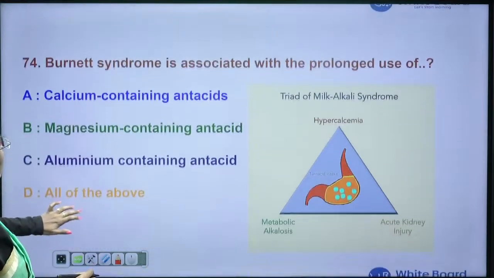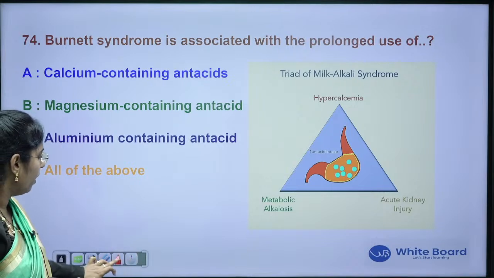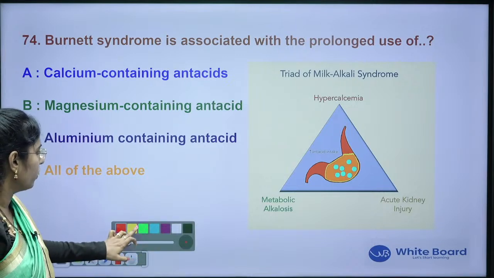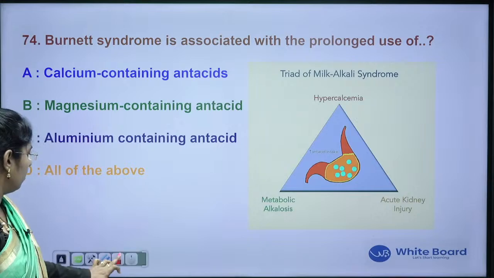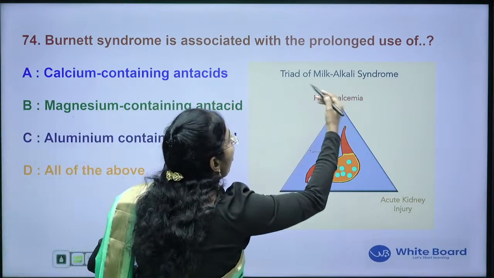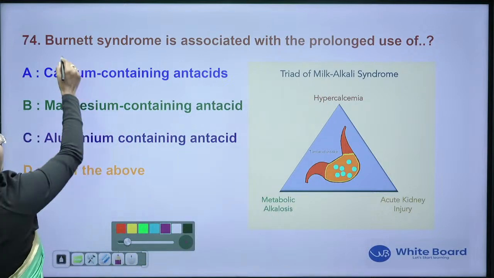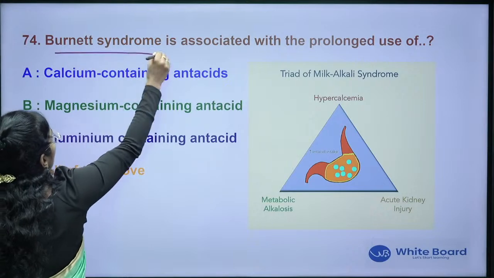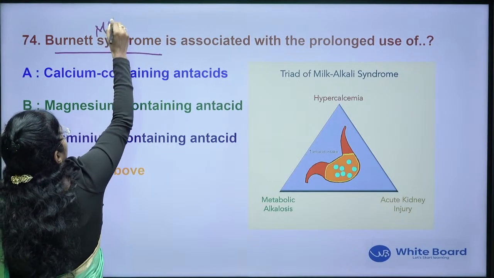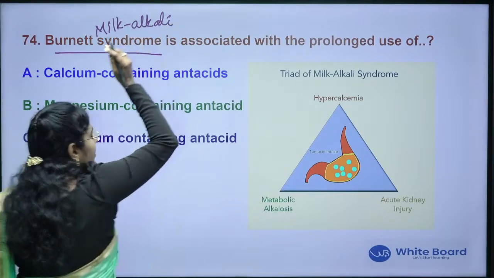Coming to the next question, Burnett syndrome. Okay. Burnett syndrome is associated with the prolonged use of. Okay. So, this Burnett syndrome is also known as milk alkali syndrome. So, what does milk contain?